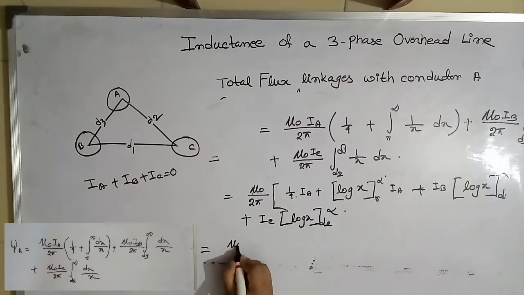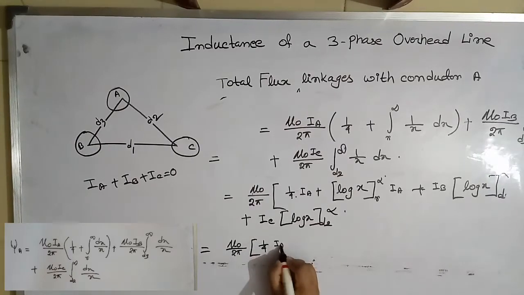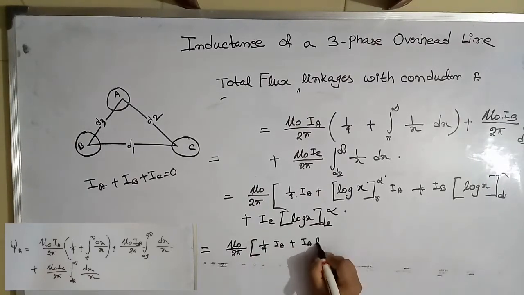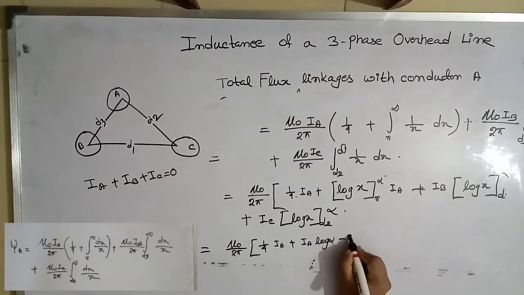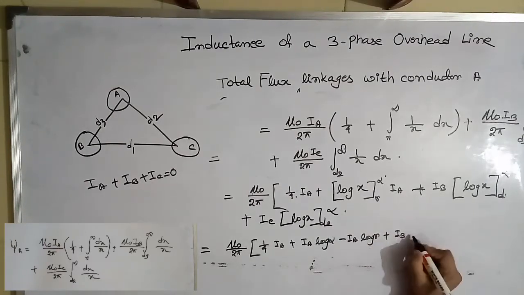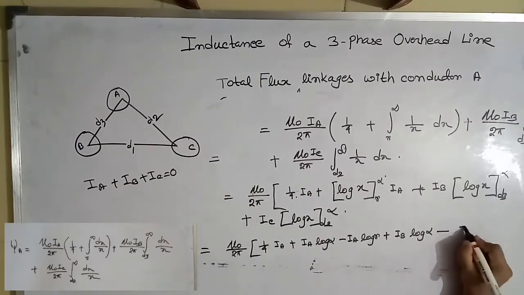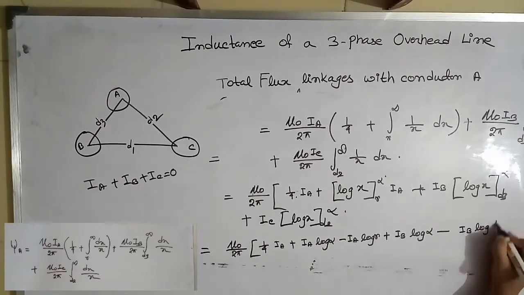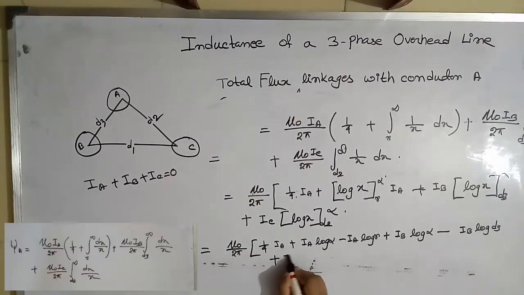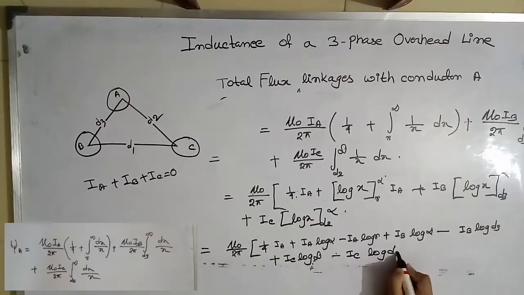Now mu 0 by 2 pi, 1 by 4 IA plus IA log infinity minus IA log r plus IB log infinity minus IB log D3 plus IC log infinity minus IC log D2.